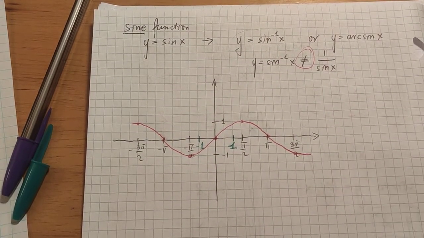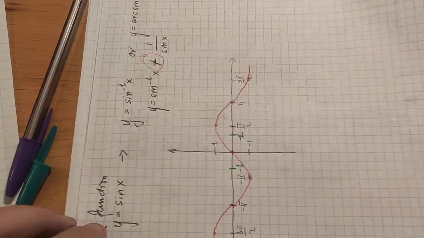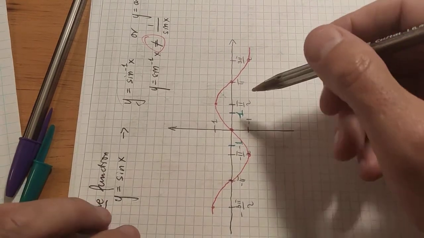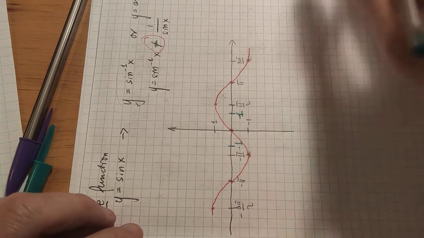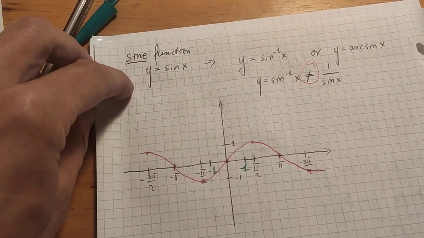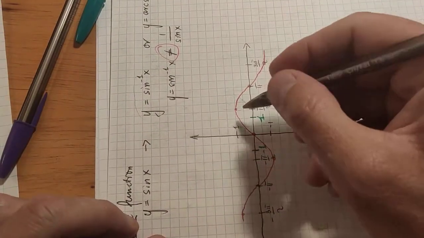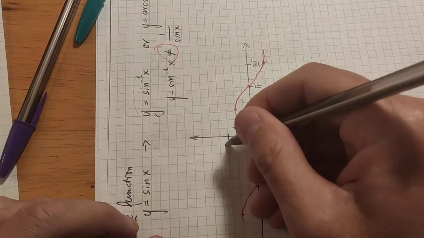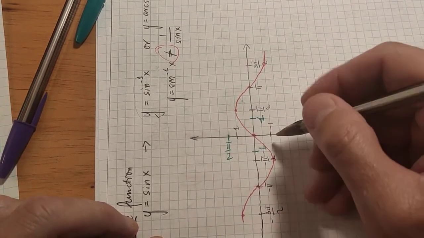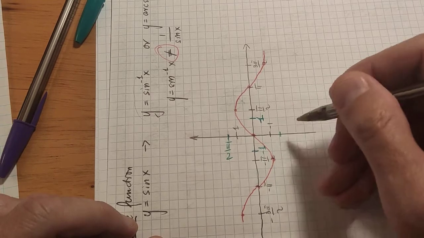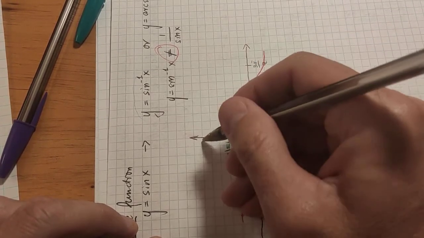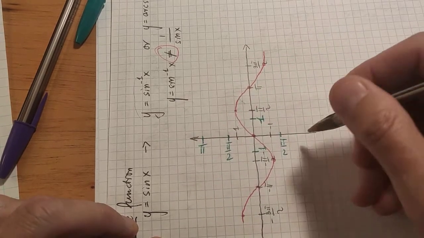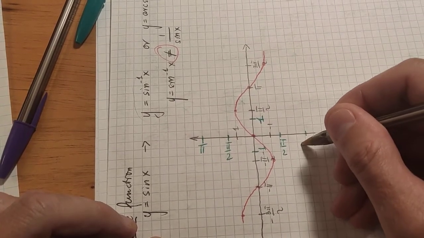Okay, because when I was originally doing it, I was doing it like this. Okay, so now, this is pi over 2, so pi over 2 will be here. So negative pi over 2 will be here. And then this will be pi, and this will be negative pi.